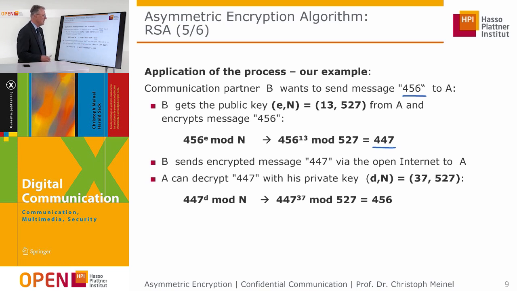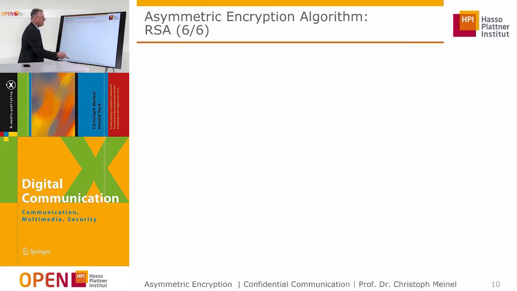Modulo 527, and this is exactly our message 456. This is the encryption way. And the way around is that Bob takes his private key to encrypt the message, this is a way to convince all the other communication partners that he, Bob, was the one who sent this message.